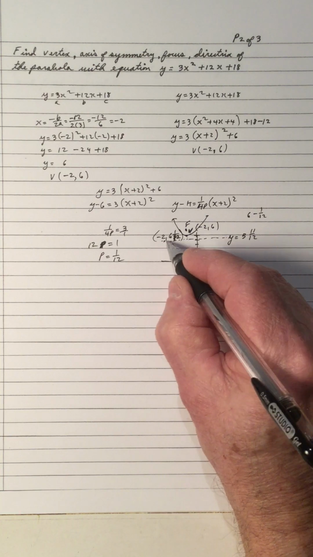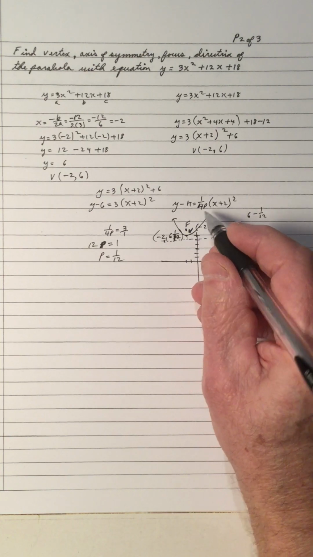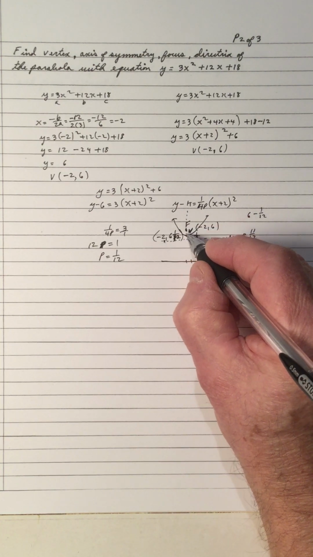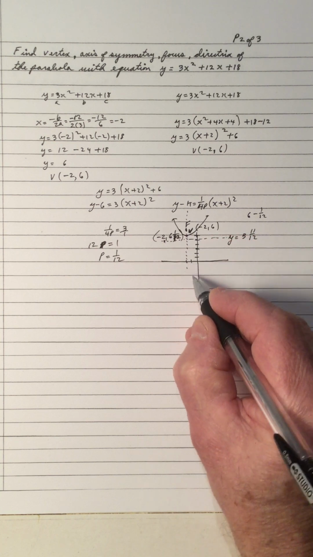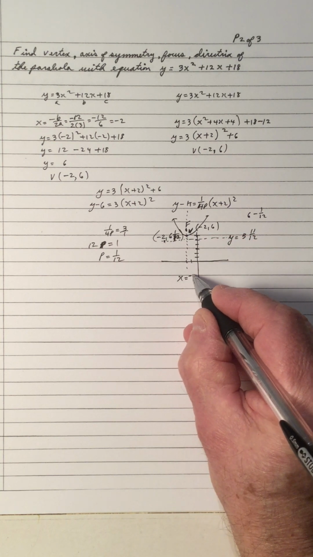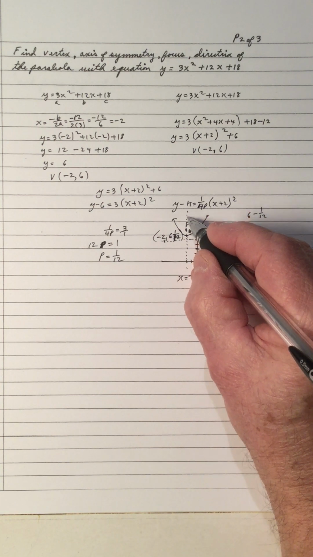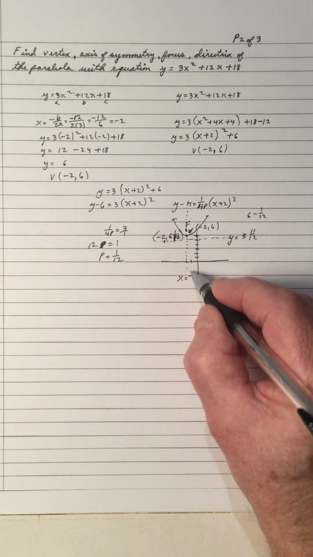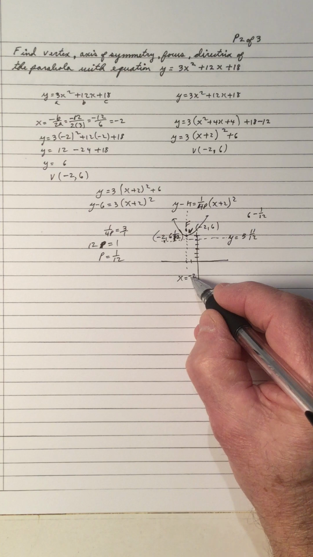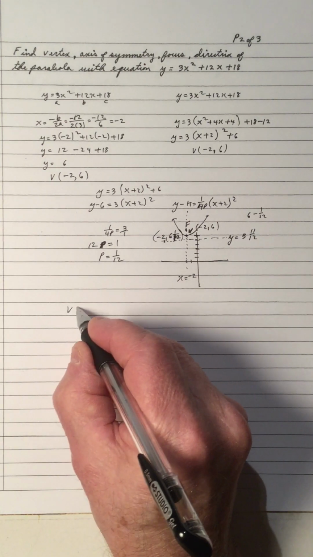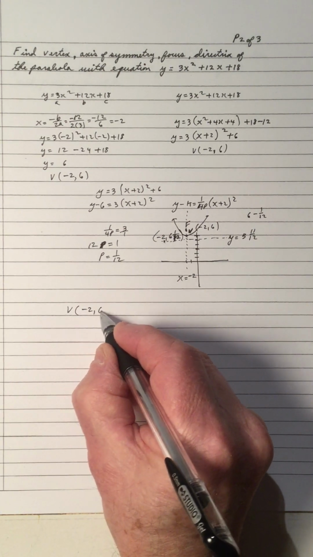So we have the directrix, and the axis of symmetry of the parabola is down through here, and it's x equals -2. The axis of symmetry moves down through the vertex at x is -2. So we have the vertex, let's recap, -2, 6.